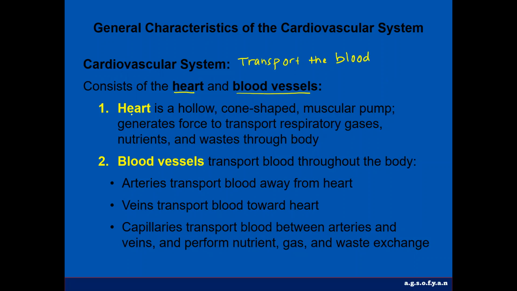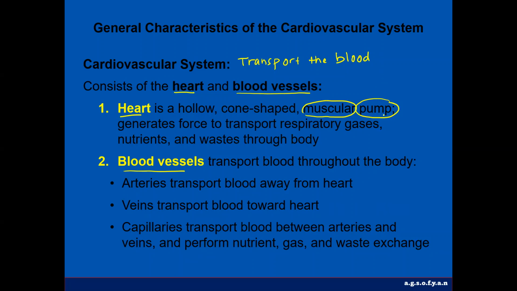There are two main organs, the heart and the blood vessels. The heart is a hollow cone-shaped organ that has muscle to pump the blood. So the main function of the heart is to pump the blood.